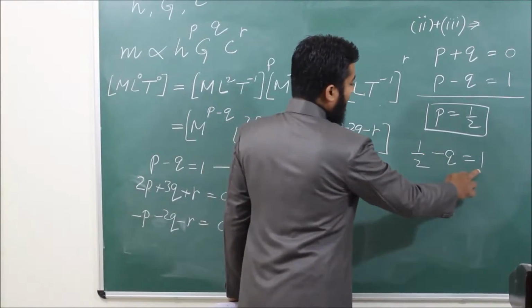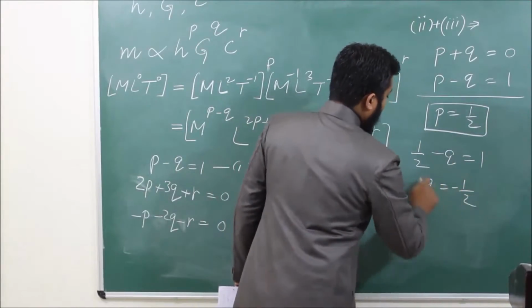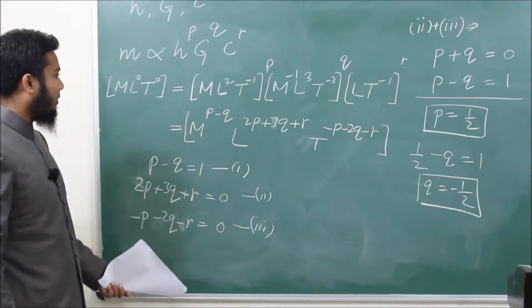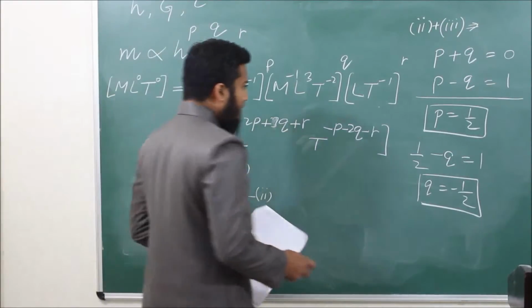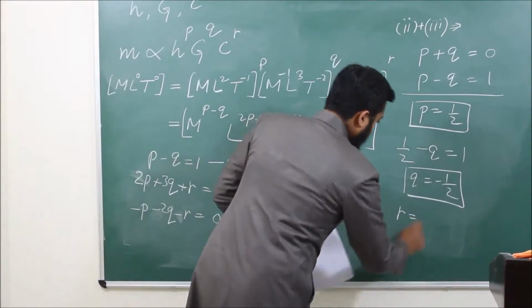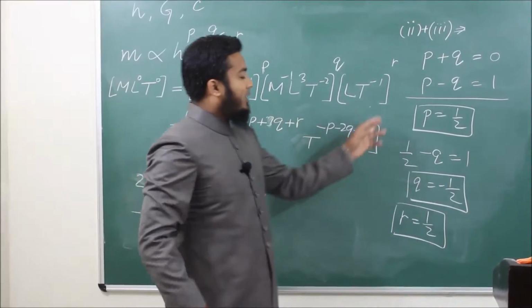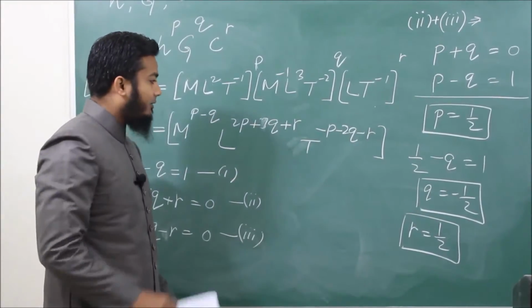So half will be subtracted from 1, and you will get q as minus half. So the value of q is minus half. Now you can put these values in either of these equations, and the value of the last term r will come out to be half again. So the value of p is plus half, q is minus half, and r is plus half.